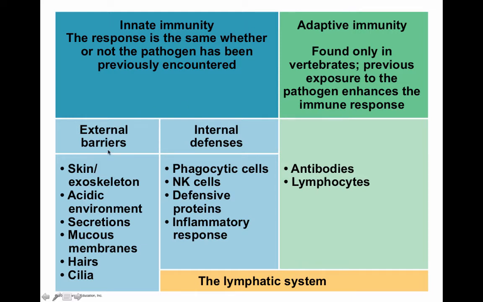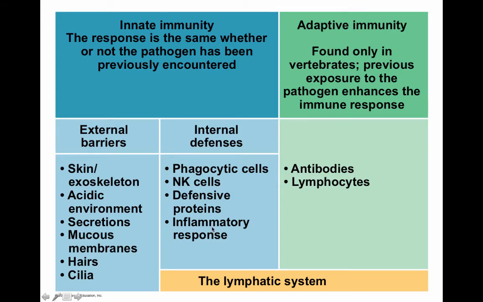All right, so remember, the two types of immunity. We've got innate immunity. This is found in all animals, vertebrates and invertebrates. It's got two categories: the external barriers, which I'm not going to cover again, and the internal defenses, where you've got the phagocytic cells, defensive proteins, and the inflammatory response.